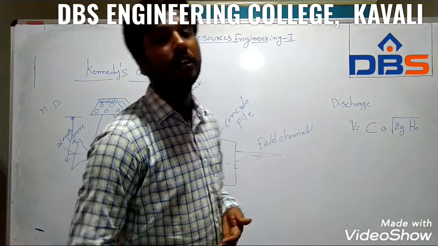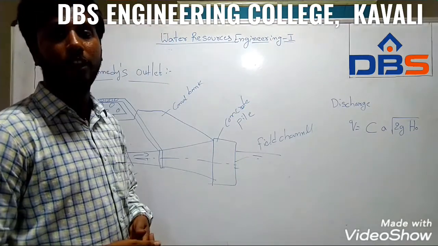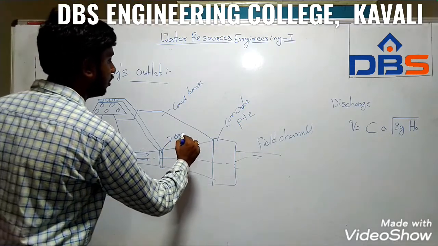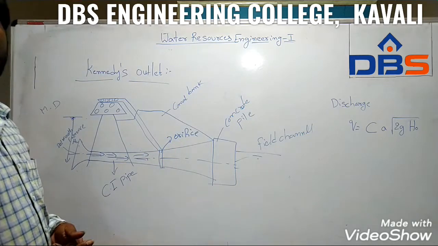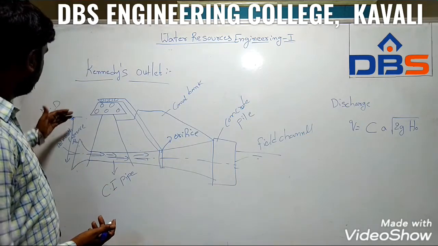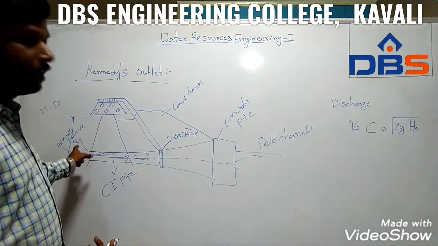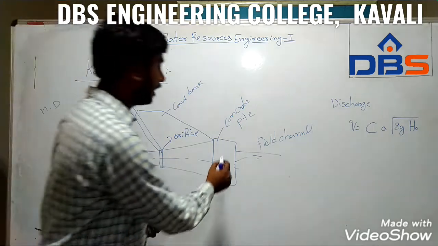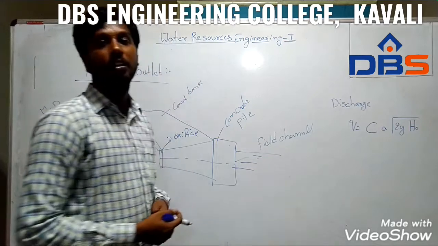Those losses will be minimized here due to the variation of the pipe. So once water enters this bell mouth entry, the entire water flows through the CI pipe. Then finally, this concrete pipe enters the field channel.